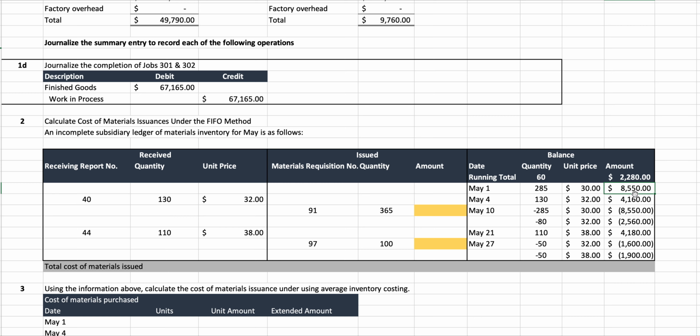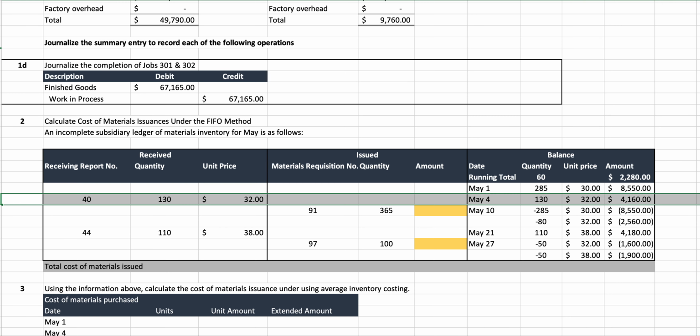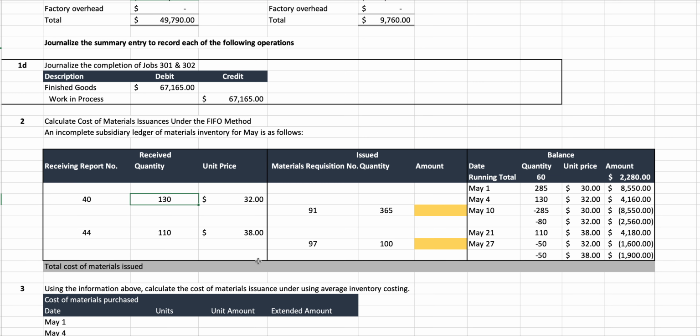Well, on May 4th, we had ordered some more materials and we received them on May 4th. We received 130 units and each one of those units cost us $32. So we're going to add that into our inventory. And you can see here that all I did was extend that amount.